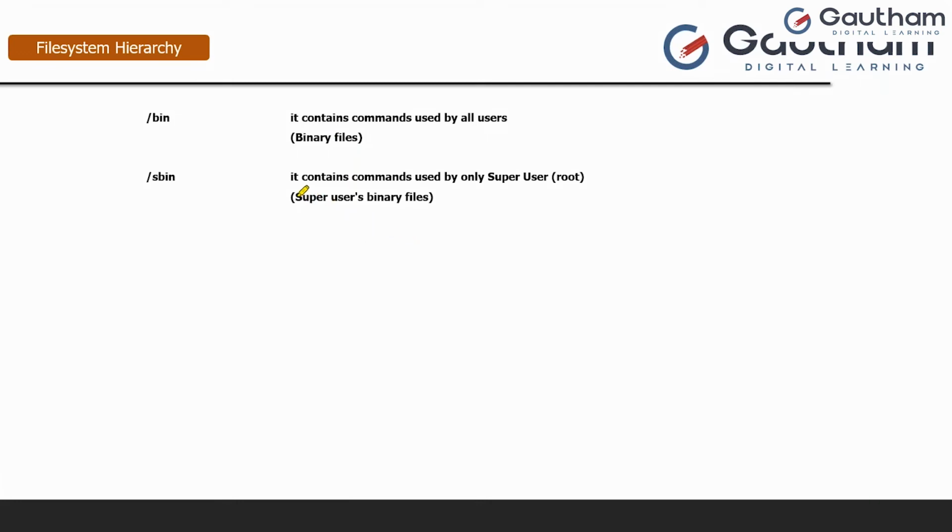What do you mean by sbin? Sbin stands for super user's binary files. See, super user's binary files are those binary files that can only and only be executed by the super user. Or you can say these are the administrative commands, the commands that can only be executed by the administrator, right?